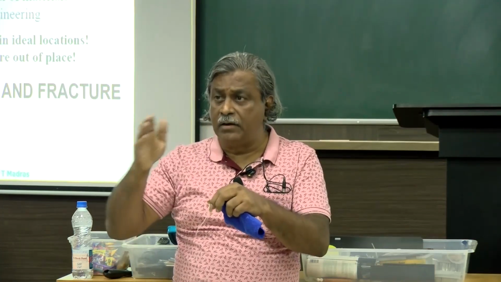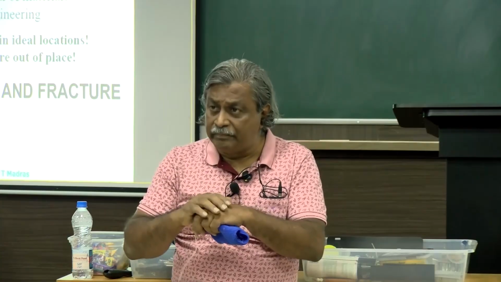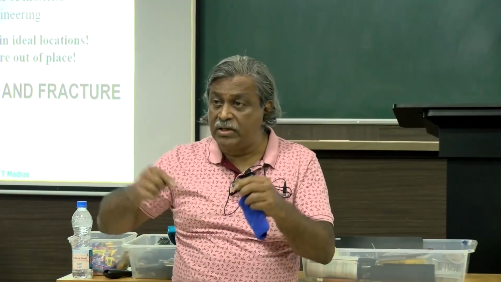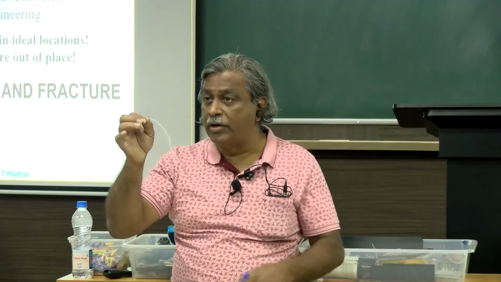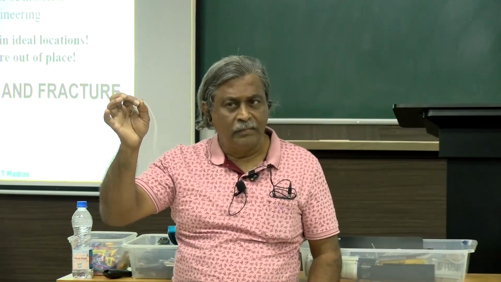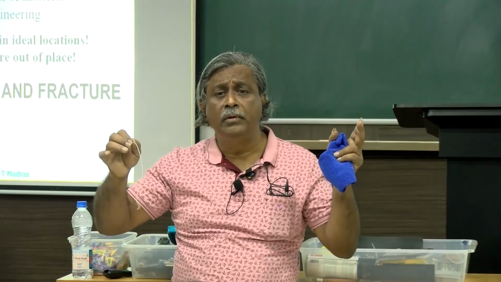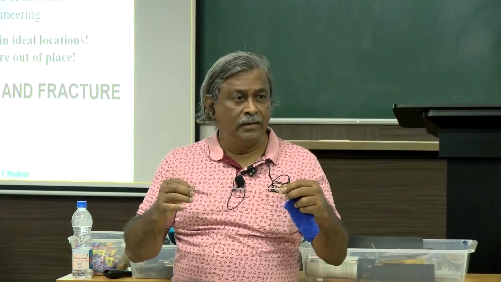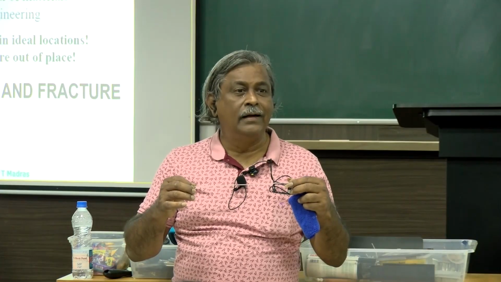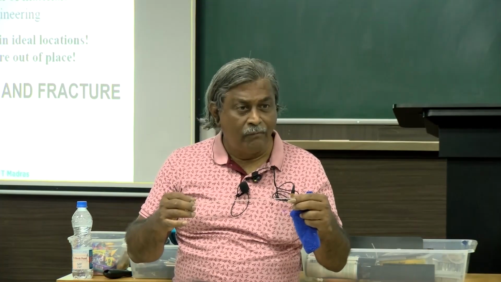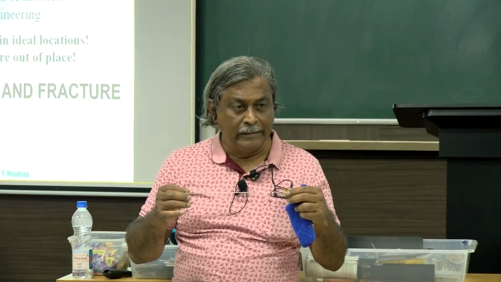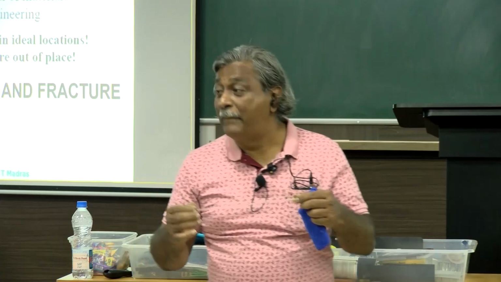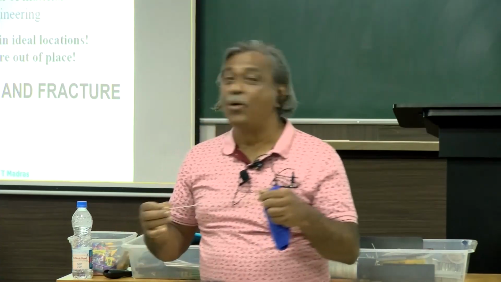Will the stretch be the same? No. Which means that now it depends on the geometry, whereas I'm talking about the material. Somehow I need to remove the geometry. Divide by length again. Change in dimension divided by its length. Wonderful.